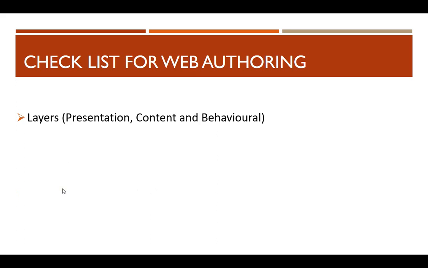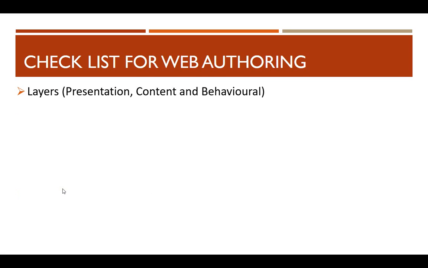Okay, so the first one is the layers. You've learned about the three layers of a web page: the presentation layer, the content layer, and the behavior layer. You talk about the presentation as how it is going to appear to the public, the colors and all these other things.